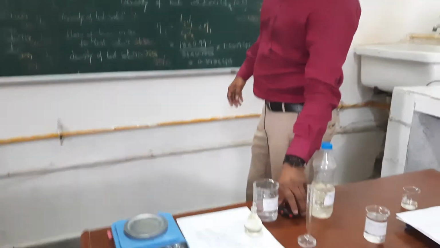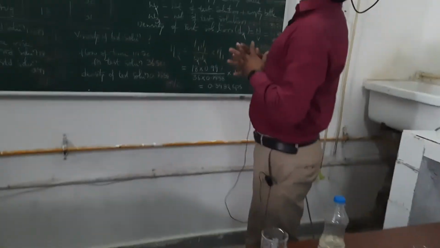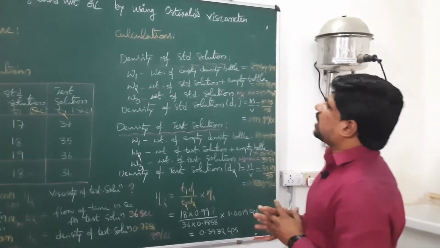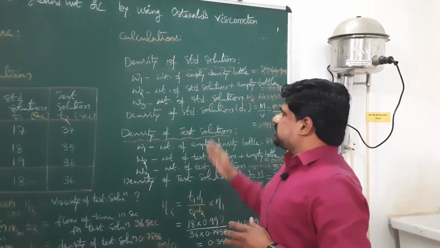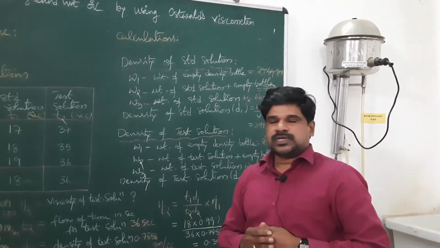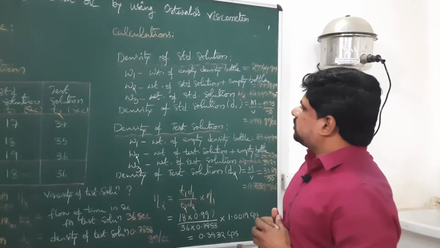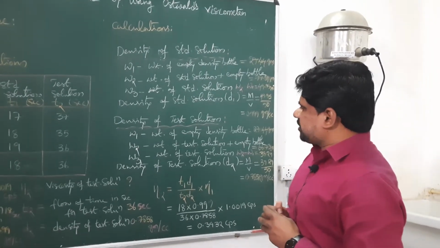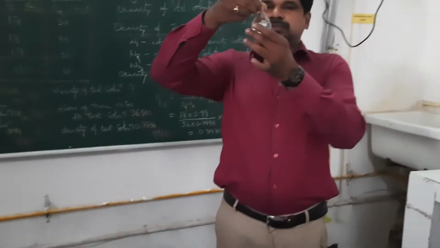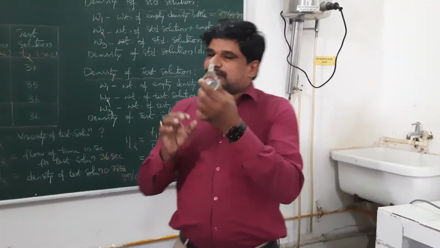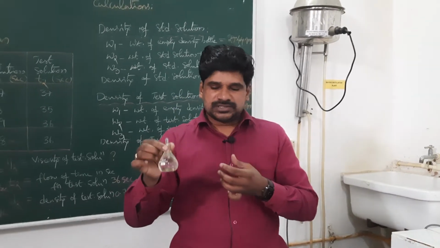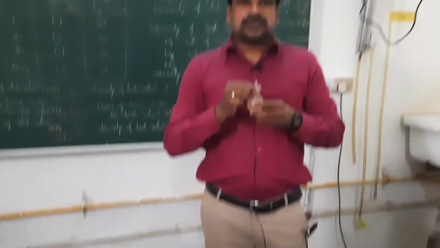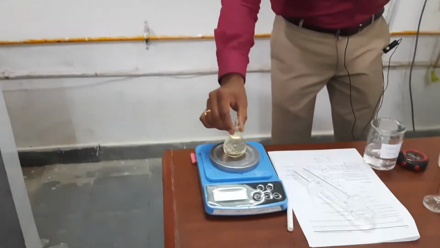Here we have one more calculation, that is to calculate the density of the test solution as well as the standard solution. So, to find out the density of the test solution, first we have to take the specific gravity bottle, and weigh it by using the weighing balance, like this.